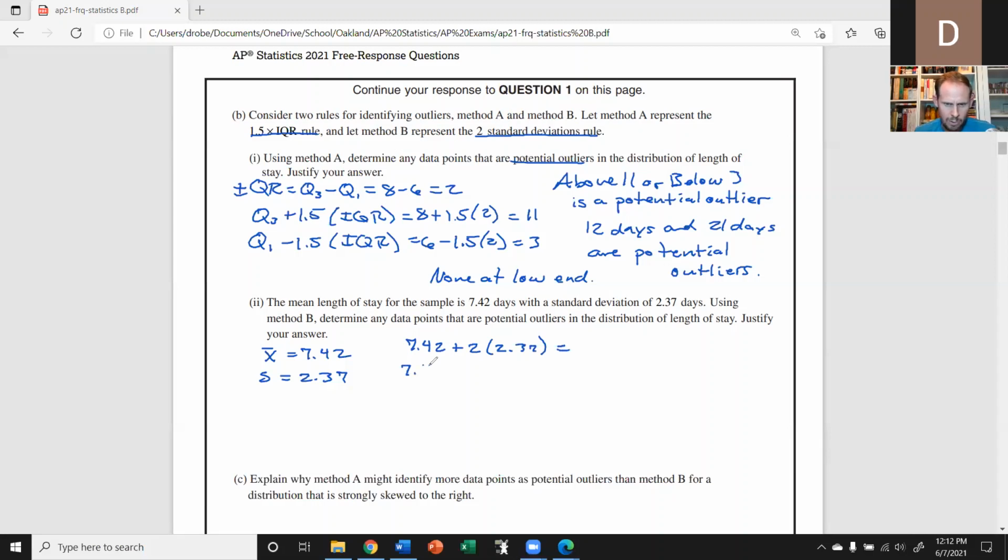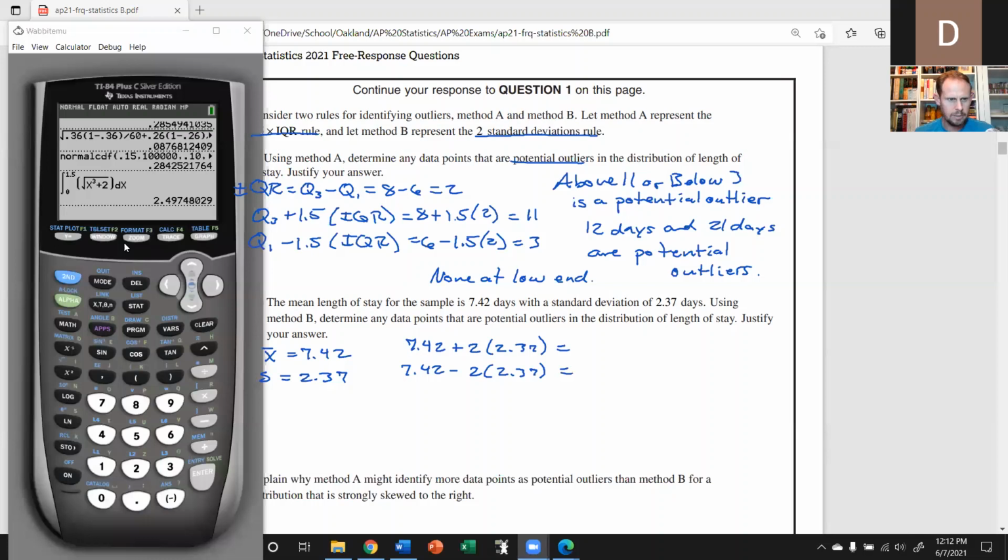And then we've got 7.42 minus 2 times 2.37. All right, now I'm gonna need a calculator, because those are not pretty numbers. There we go. I was wondering if it was gonna open on me. All right, so we've got 7.42 minus 2 times 2.37.